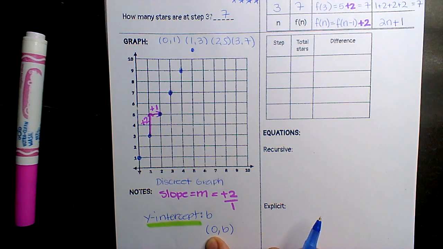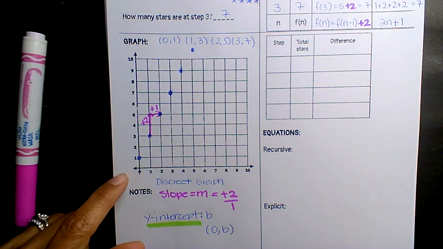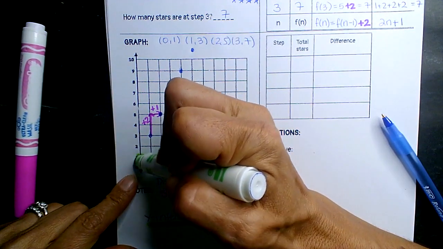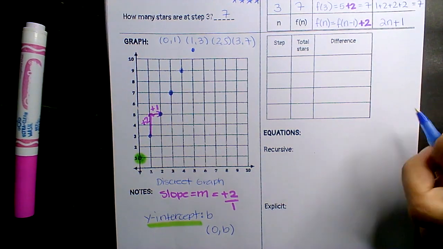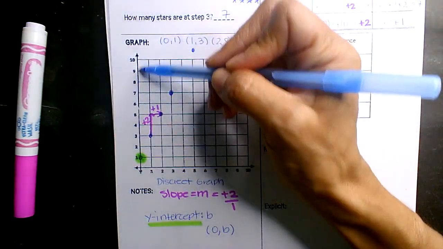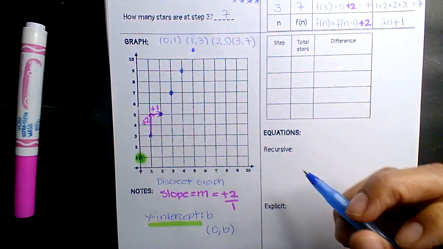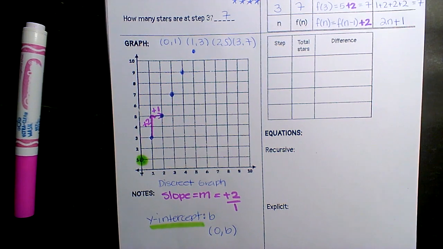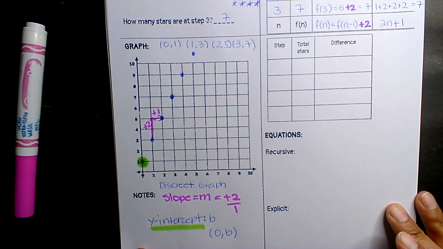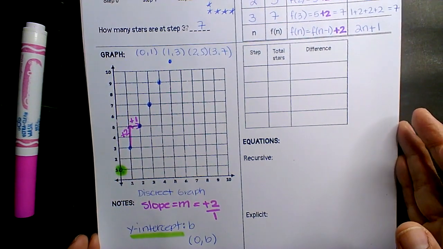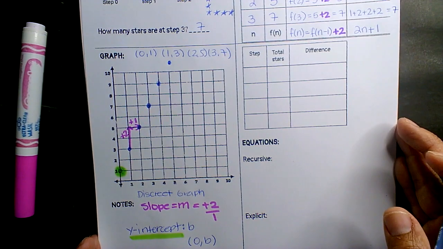I almost said x. So here, that would be right here. That's your b right there, because it's where it crosses the y-axis, right? Okay, so keep going, or are you guys okay?